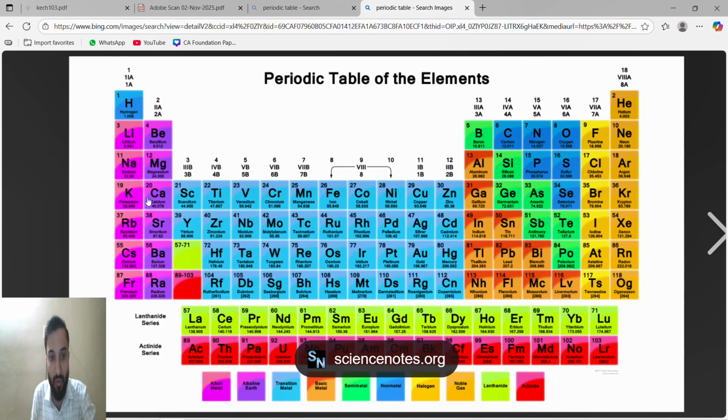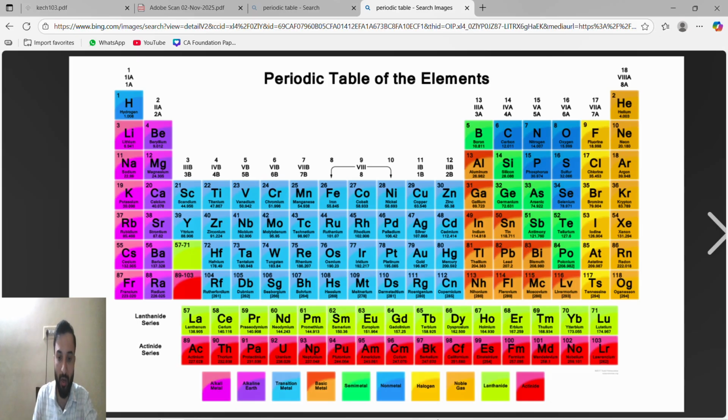If we move across the table, it increases by 1, 1, 1, 1. If we go down the table, it increases based on the total number of elements: 2, 8, 8, 18, 18, 32, 32.